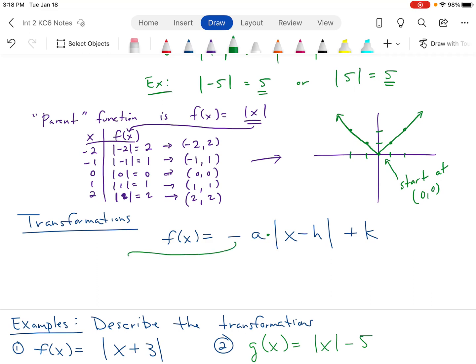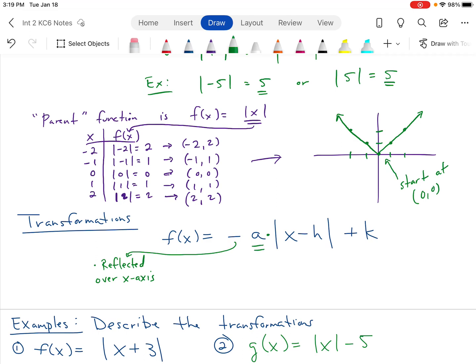This negative means that my parent function, the one that we just drew above, is going to be reflected over the x-axis. So if you have an equation where you see a negative in front of the absolute value, that means that your V literally flipped upside down.